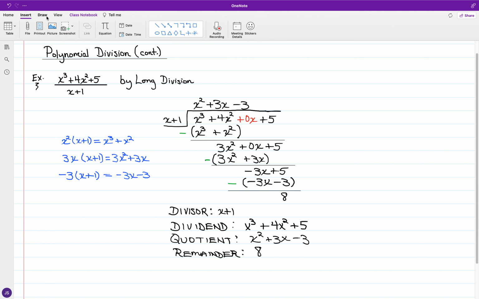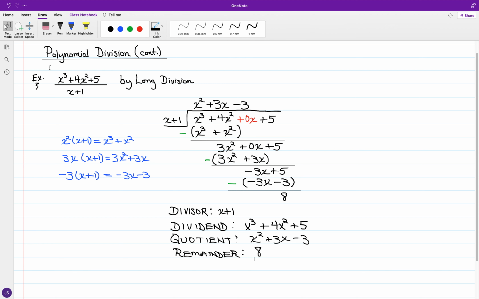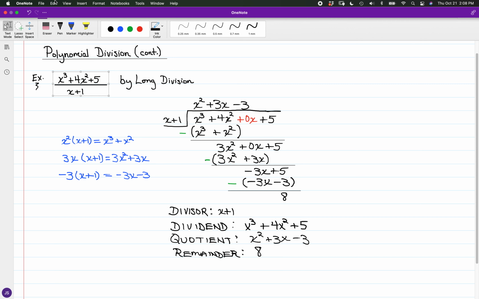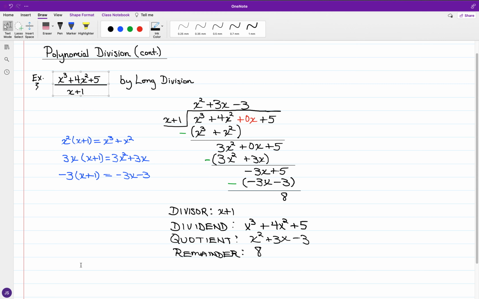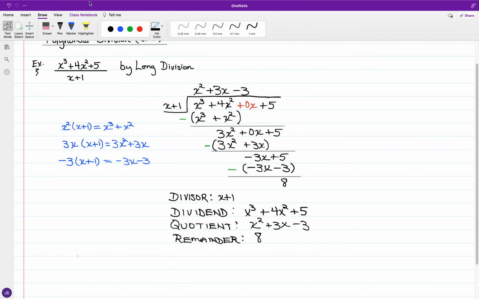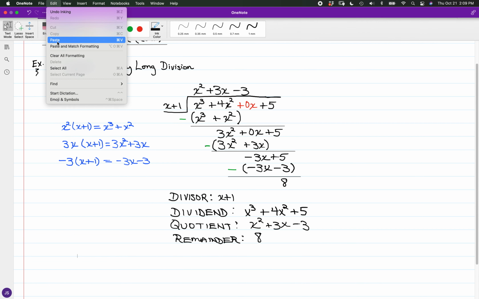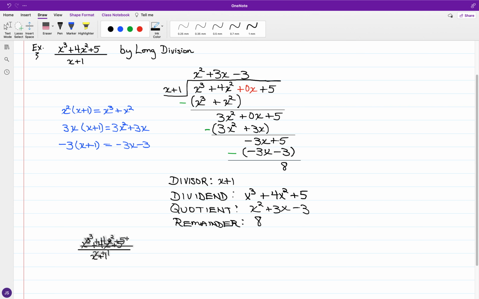Now, regarding this particular rational expression, I know there'll be some portions where you're looking at writing out the quotient plus the remainder over the divisor.